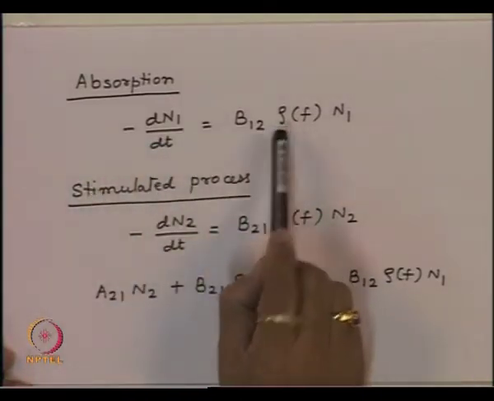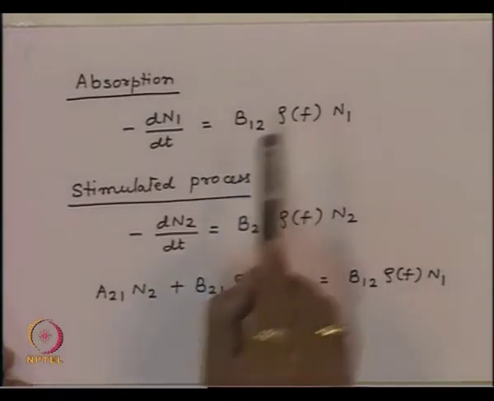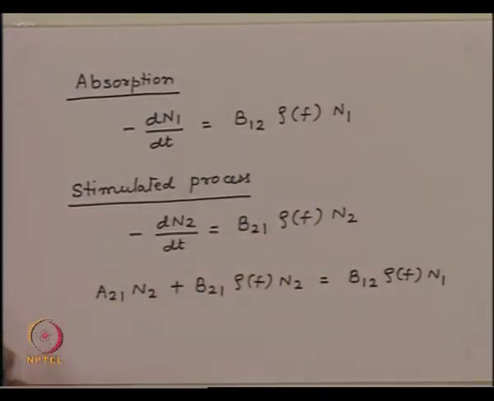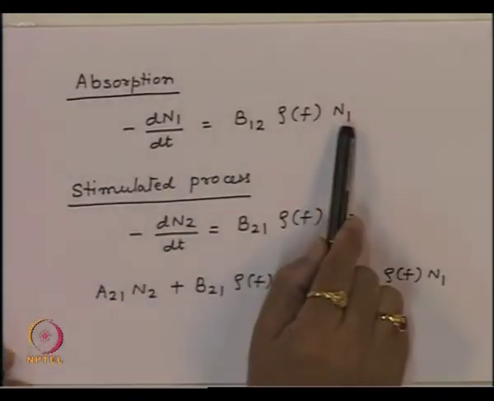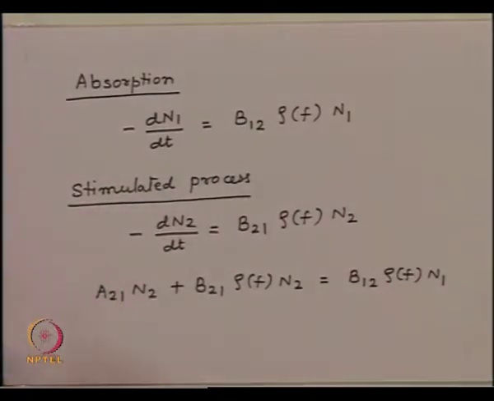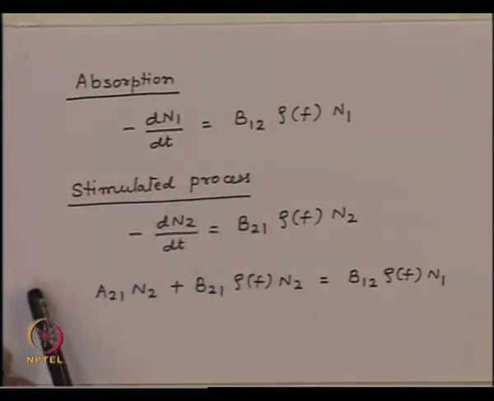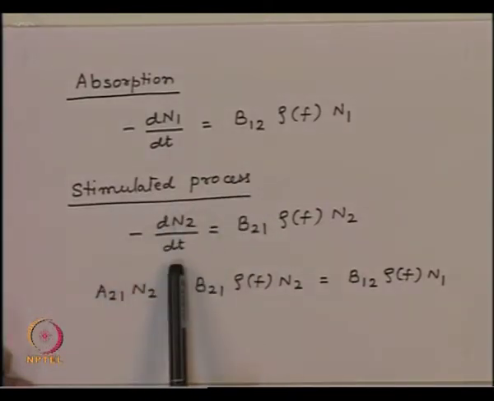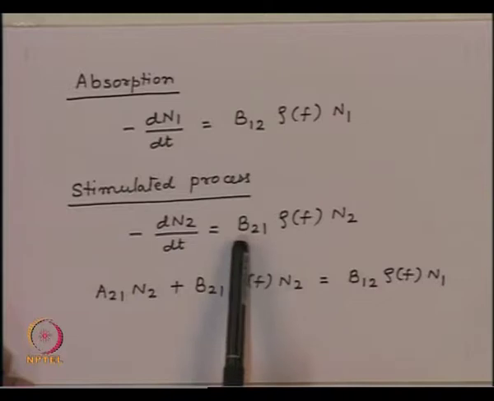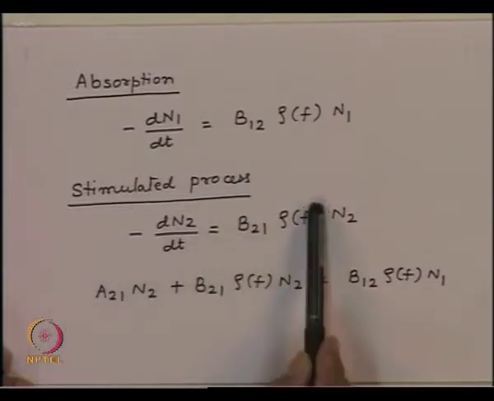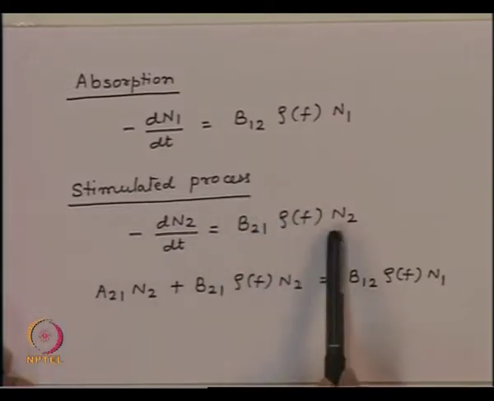So, this is the photon density rho f, and it is also proportional to the electron density at the lower energy state. The same thing we have written for the stimulated process: minus dN2 by dt is equal to this probability, which is B21, again photon density multiplied by N2.